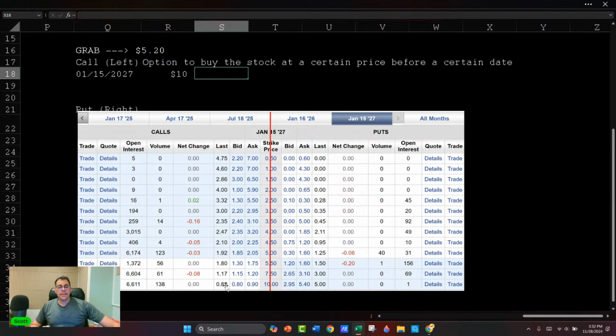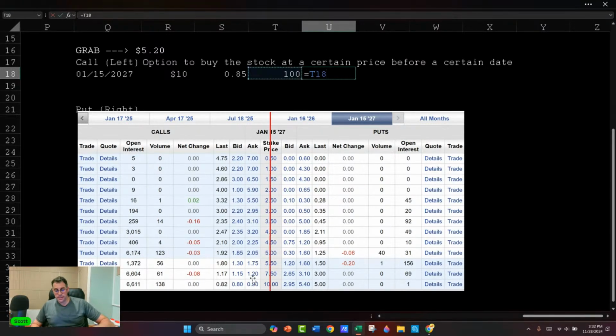So it's 80 to 90 cents. Usually you do the middle. So if you pay 85 cents, every contract is 100 shares. So it costs you $85 for one options contract at the $10 strike price.